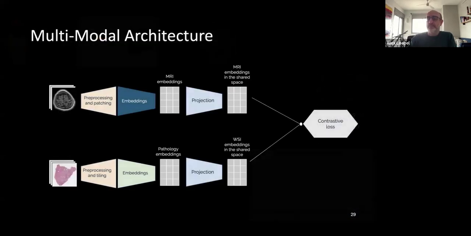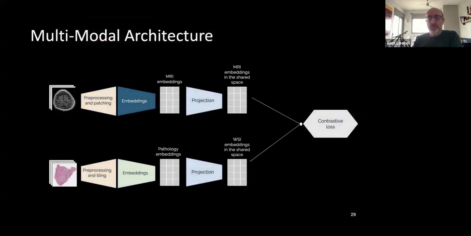So this is another kind of model that we are working on in my lab. At the training phase of the models, you have a pipeline for the radiology and a pipeline for the pathology. On the radiology side, you create embeddings of, in this case, the MRI image.